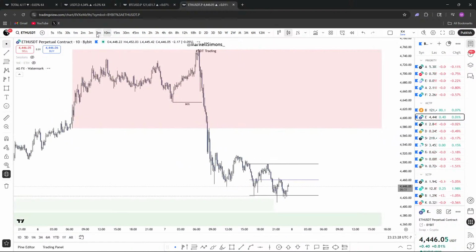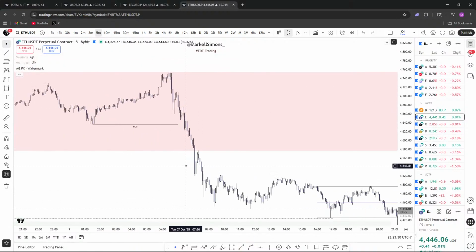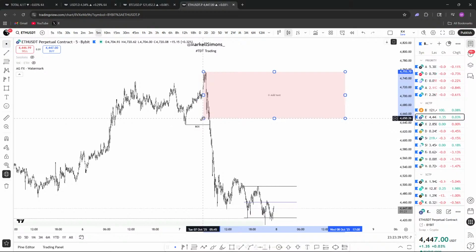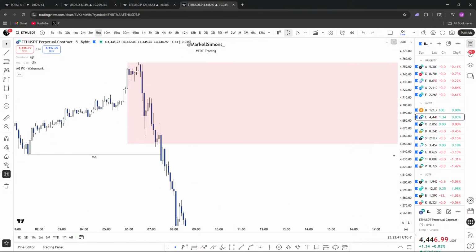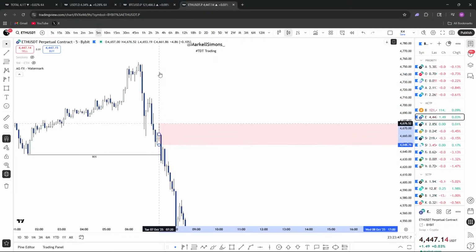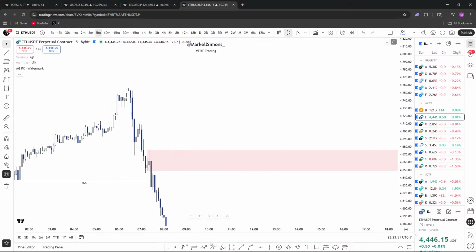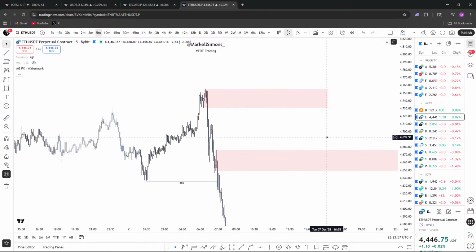We don't have a clear supply POI from the looks of it. Got some low time frame supply POIs to the left. This supply POI.